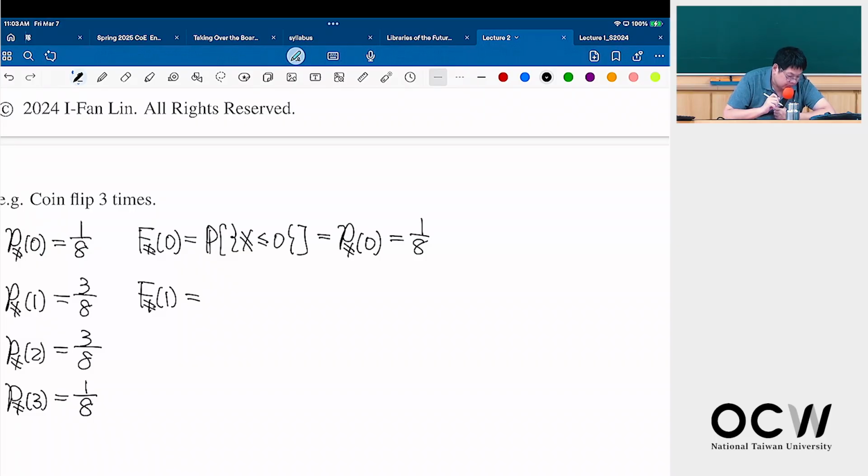Then the CDF of X at 1 means the probability of your random variable X less than or equal to 1. So if X is less than or equal to 1, I include the PMF at 0 and also the PMF at 1.